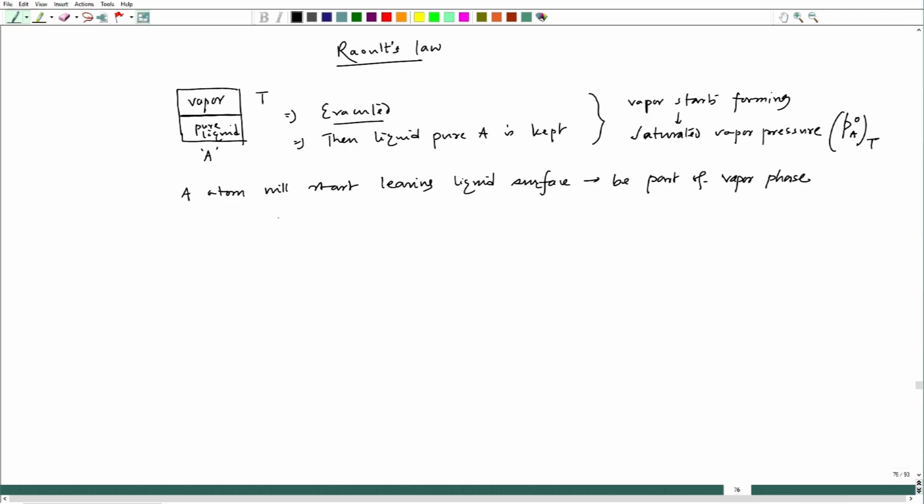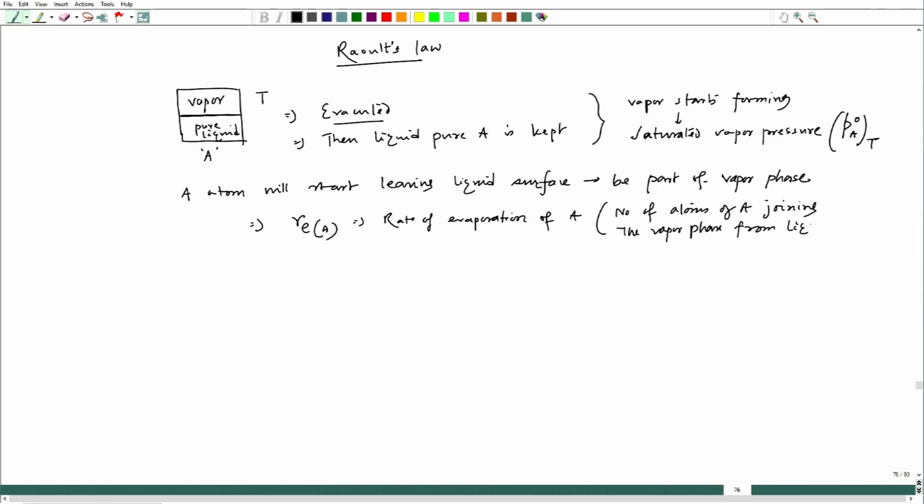So, there should be a rate, that is, the number of A atoms leaving the surface and joining the vapor phase per unit time, dictated by R E A. R E A is the rate of evaporation of A, that means the number of atoms of A joining the vapor phase from the liquid surface.